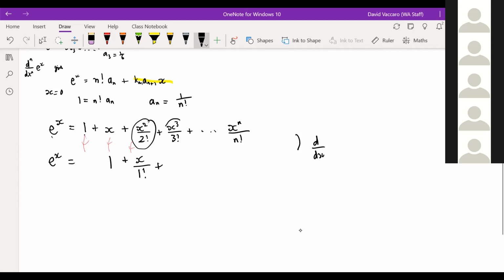When I differentiate x cubed, I pick up the 3, which takes away the 3 from the 3 factorial. So 3 factorial just becomes 2 factorial. And then this term becomes x to the n minus 1 over n minus 1 factorial. But what you can see is I get exactly the same power series repeated, which is quite nice. So that works.